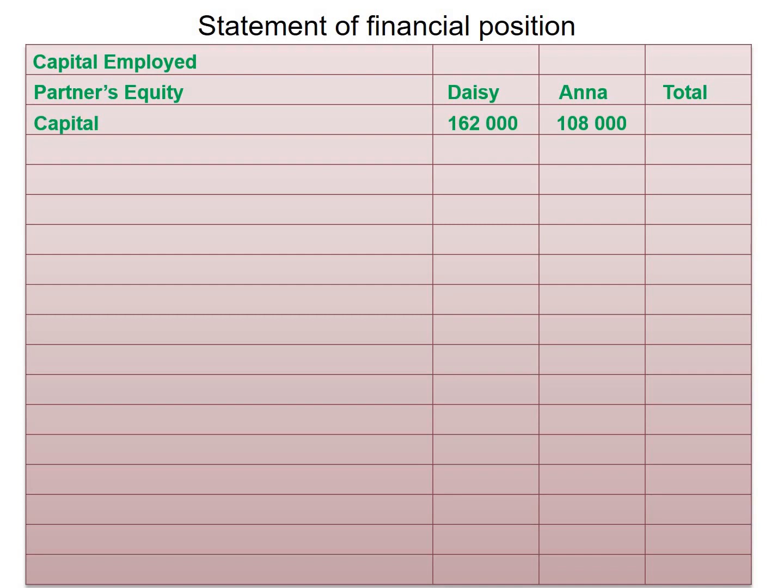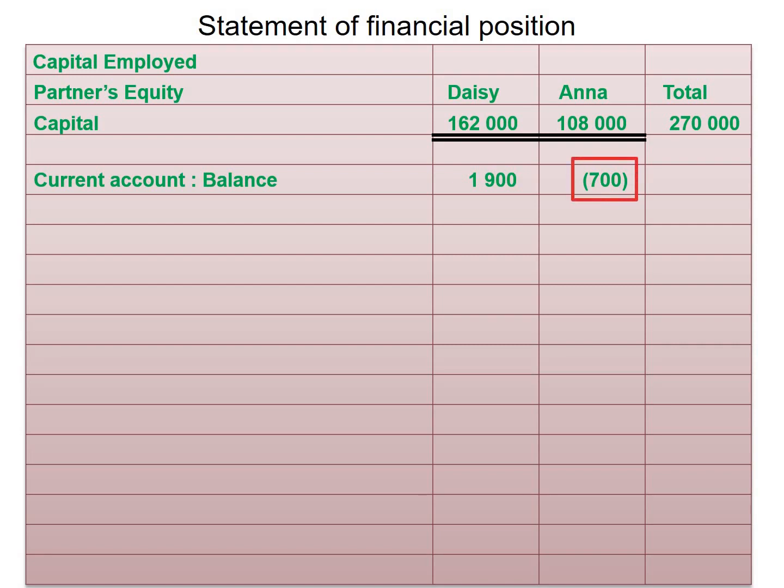Then we enter our capital for each partner and then we'll enter the total. After that, we enter the current account balance, and please take note that this is the opening balance, and also take note of Anna's 700, which is between brackets. This means that Anna had a debit balance of 700.